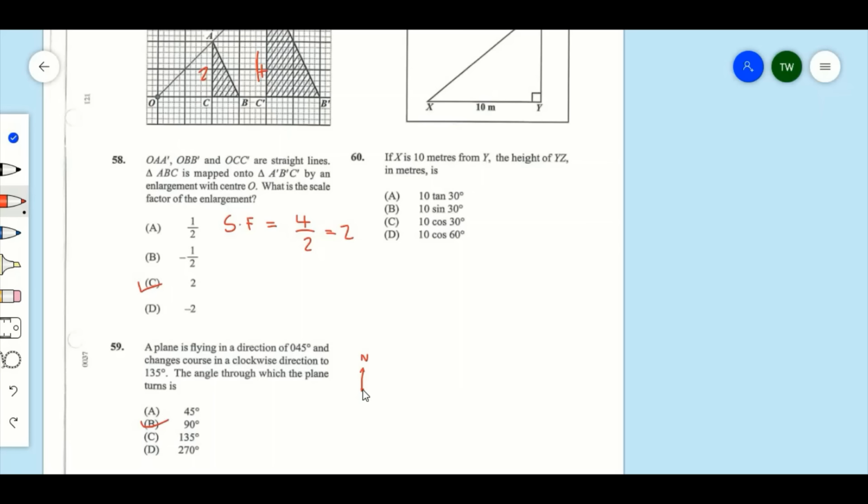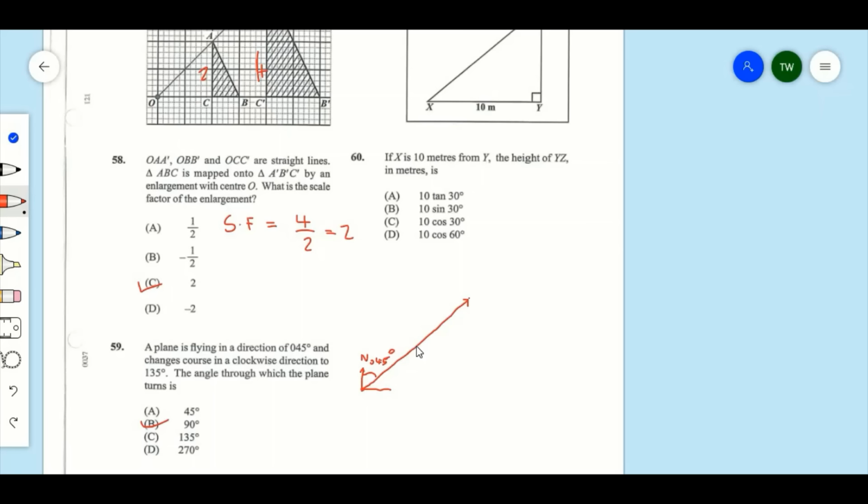So let's say 90 degrees is here, so 45 degrees is going to be halfway between. So the plane was traveling in this direction, right? So from north to this line, that's 45 degrees.